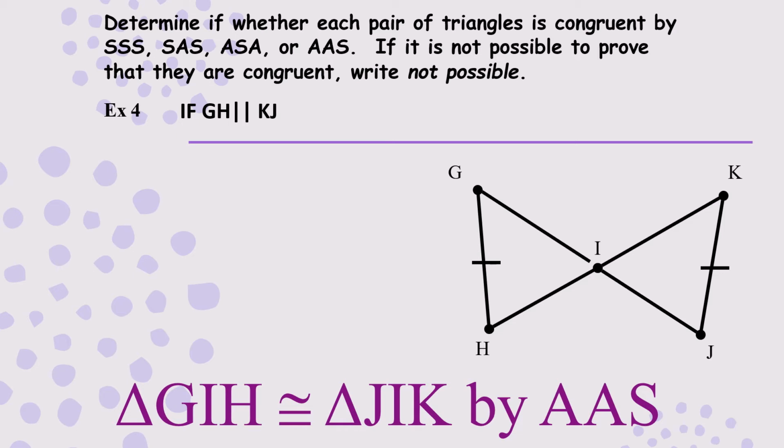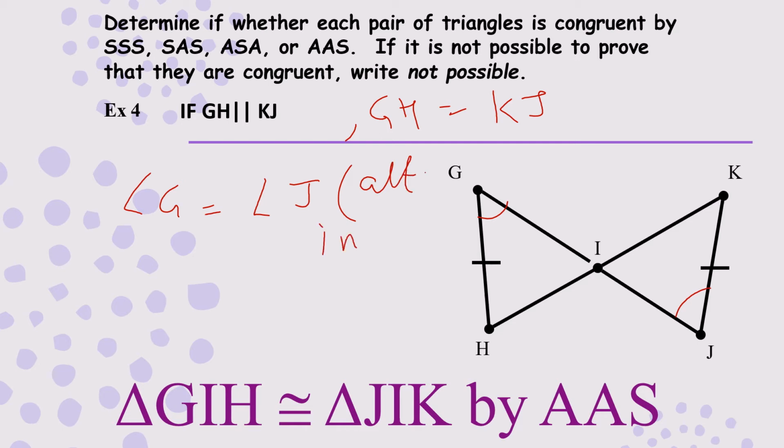The given thing is GH is equal to KJ and GH is parallel to KJ also. So, can you prove these two are equal? Yes, we will get angle G is equal to angle J because they are alternate interior angles. In lines and angles, we have read that concept.